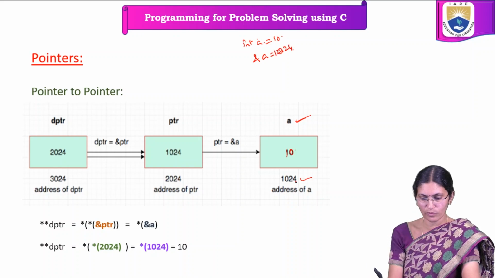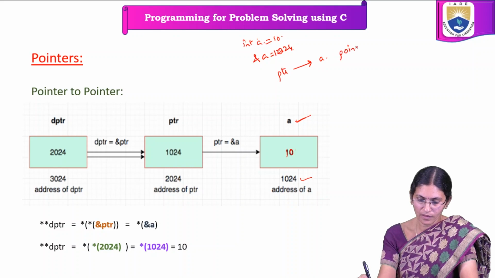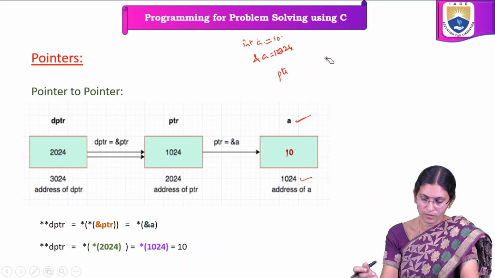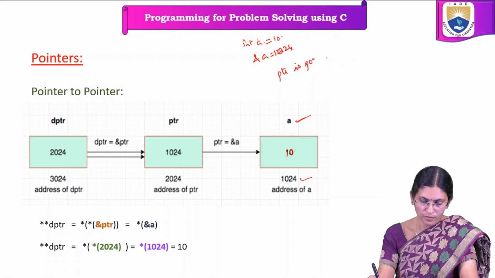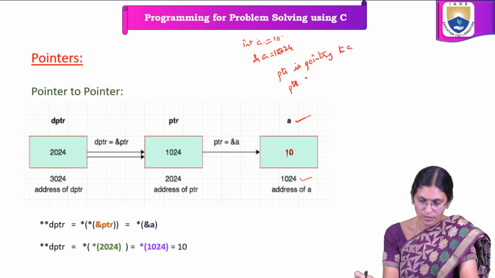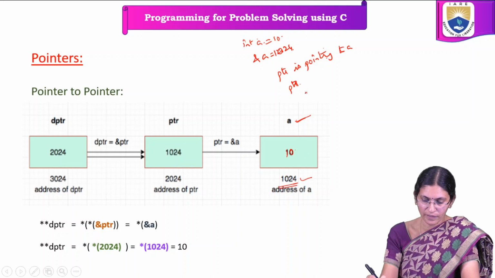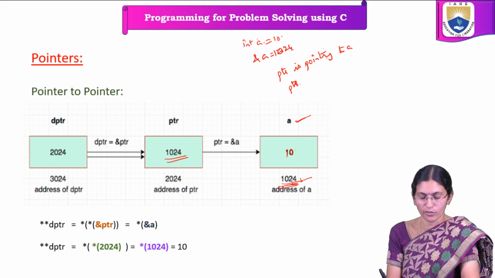1024. Now if PTR is pointing to A, it means PTR is storing the address of A. So now the PTR value will be the address of A. The address of A is 1024, so the PTR value will be 1024.